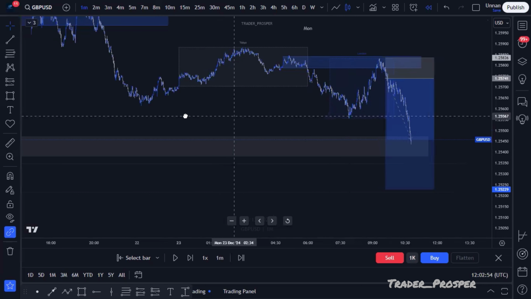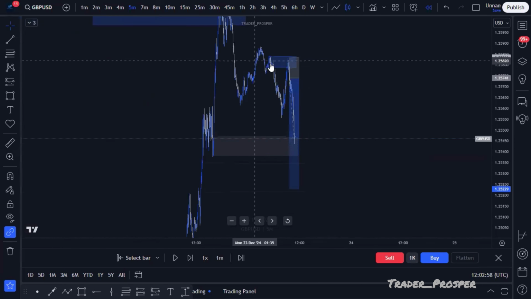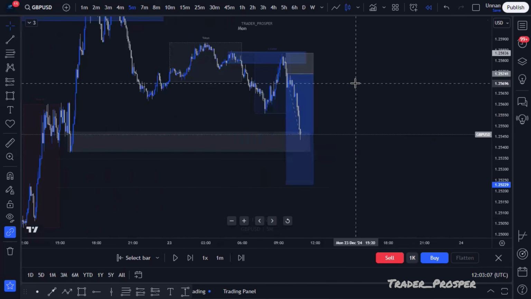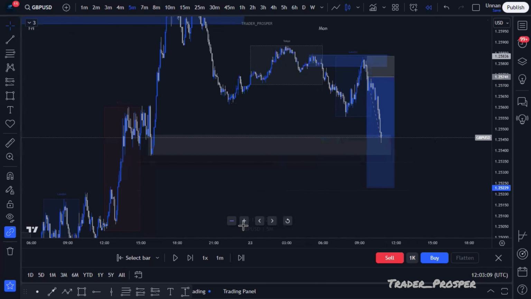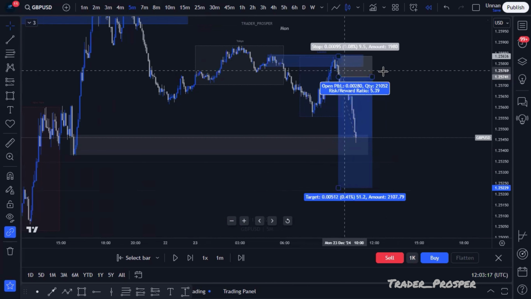The purpose of using this final confirmation from the 5 minute time frame is because whenever price does something like that and our analysis is in place, it shows that price is not going to continue to the upside anymore. It's going to respect that supply zone, or if it's a demand zone, it's going to respect that demand zone.